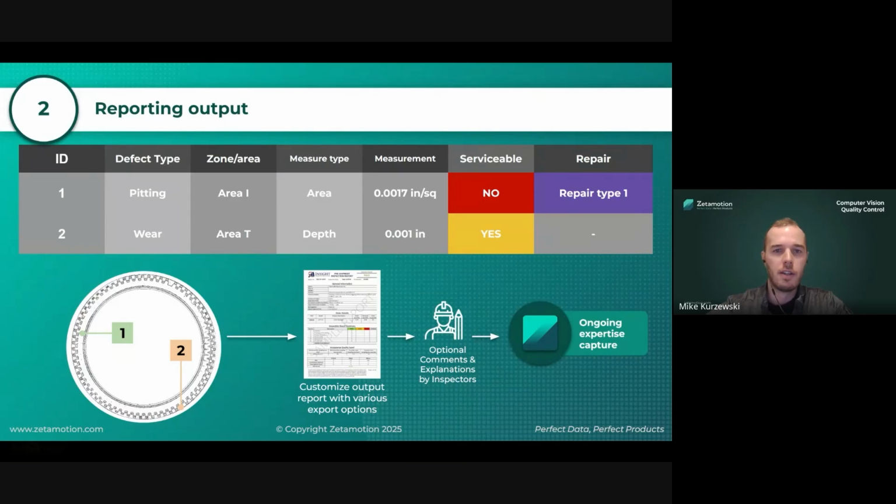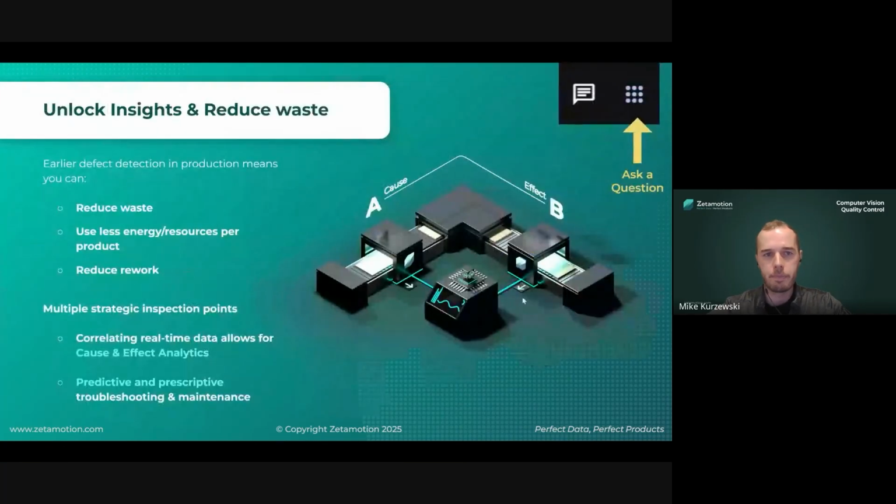And obviously, with that human-in-the-loop feedback that I spoke about earlier, throughout the reporting process, your inspectors can be commenting or overriding inspection results. Maybe there was dust that appeared on the product, or something that was removable, or if it's been serviced, they can then change the outcome of that inspection and move it along the production line.